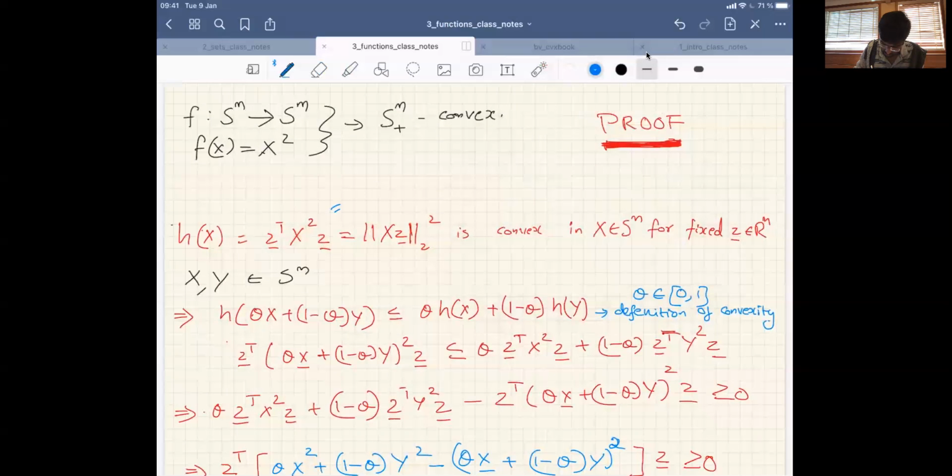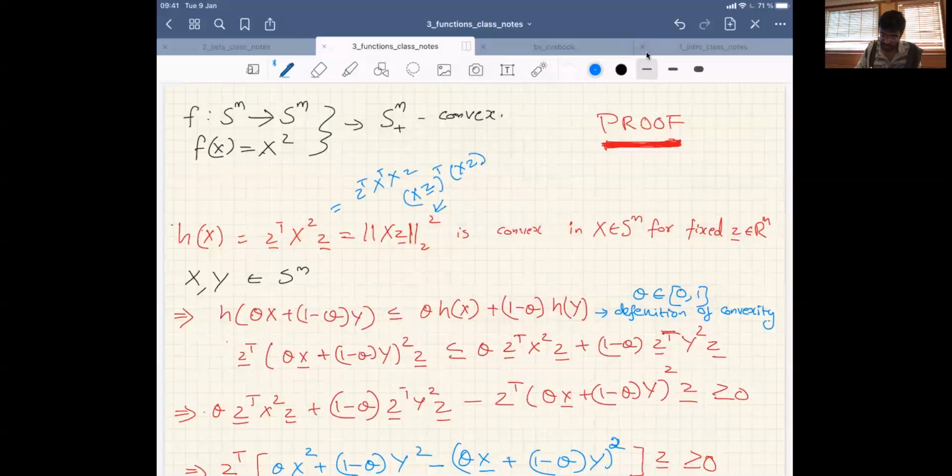Because this is equal to z transpose X X z. Since X is symmetric, we are assuming that X belongs to the symmetric matrices, I can replace this with a transpose here. Now I can write this as (X z) transpose times (X z).